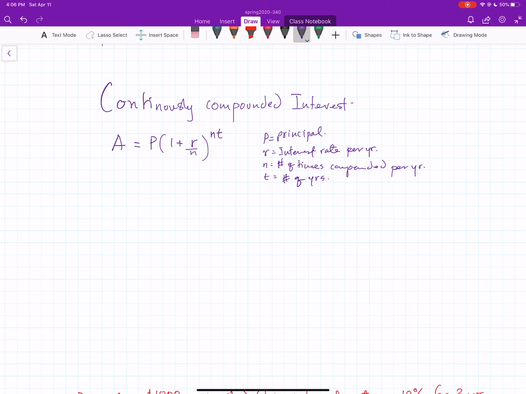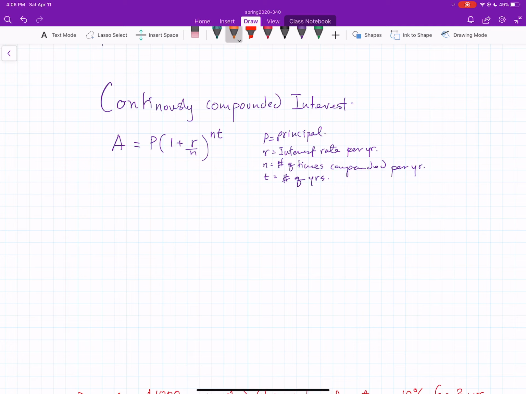So we need to modify this expression a little bit, and let's see if we can incorporate what it means to compound instantly. Every single instant, your money is being compounded.